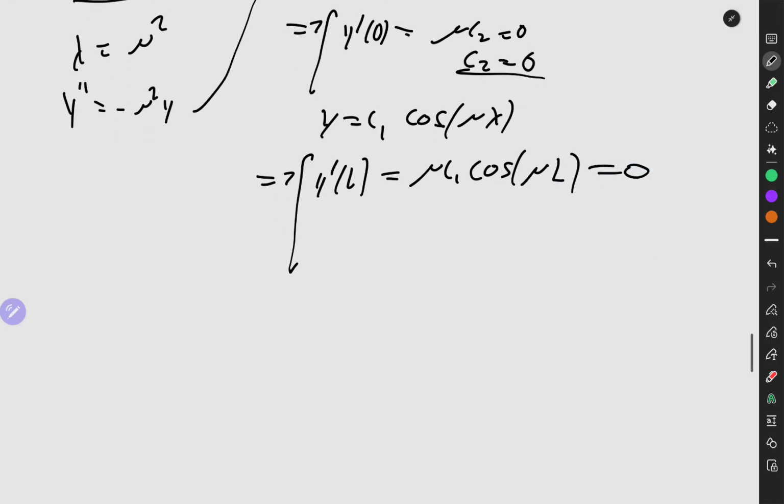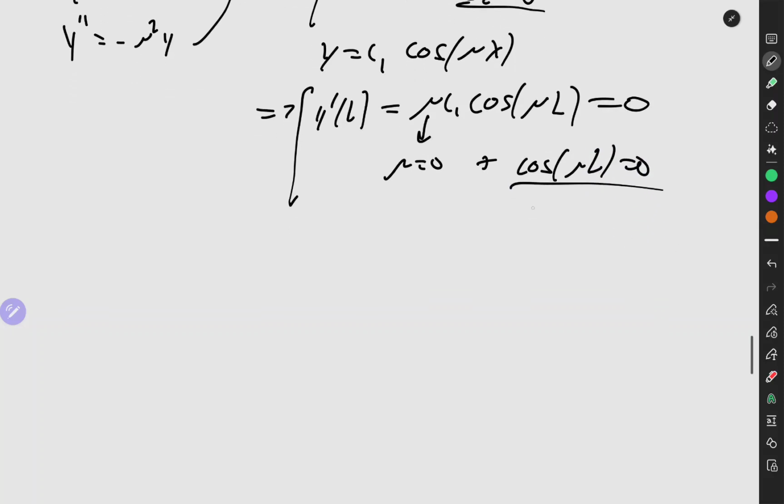Equals 0. So you can see here mu is equal to 0, and so let's find this one out. This works if cosine has to be a pi over 2, right?